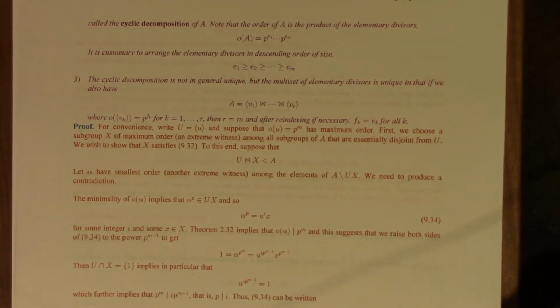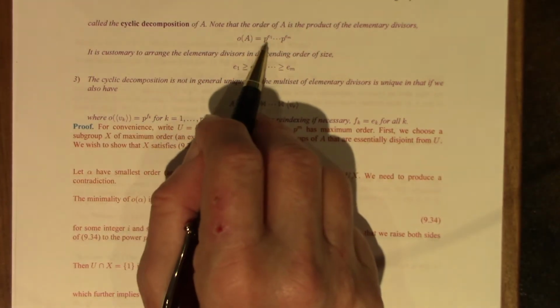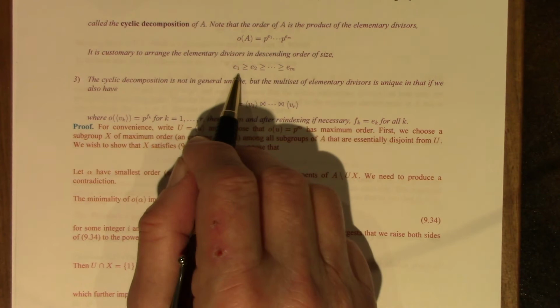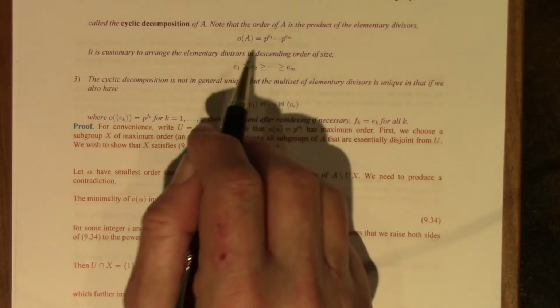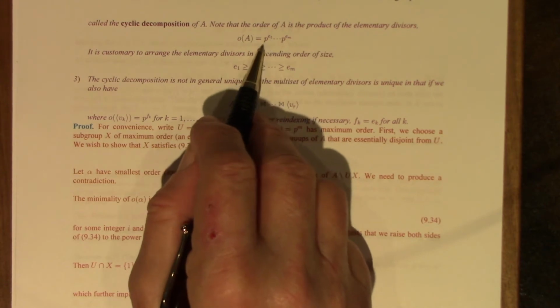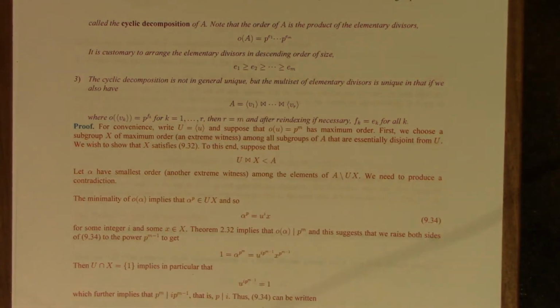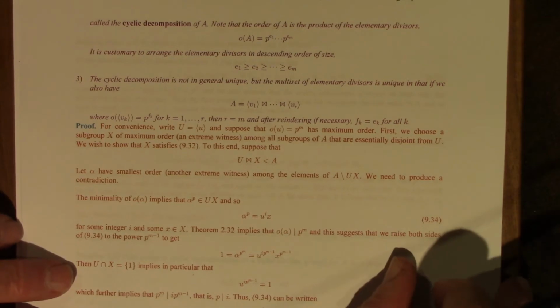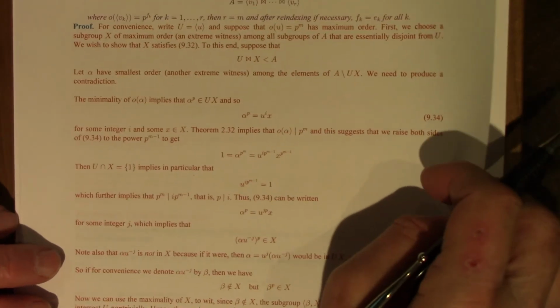It's customary, not required, but customary, to arrange the elementary divisors in decreasing or descending order of size. So that applies, since the base is always p, we can just apply it to the exponents. Okay, so we'll assume that that's generally done. It's a matter of style, a matter of convenience, really.